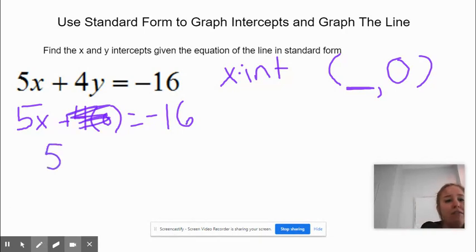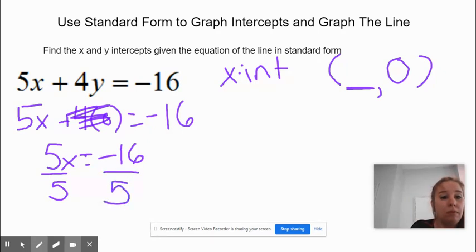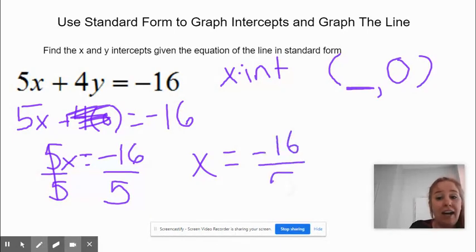So we have 5x equals negative 16. Right? And to solve for x, you just divide by 5. Those cancel. And x equals negative 16 over 5.